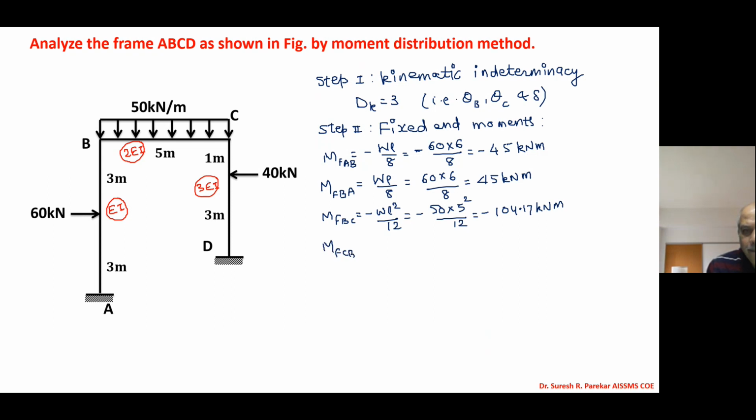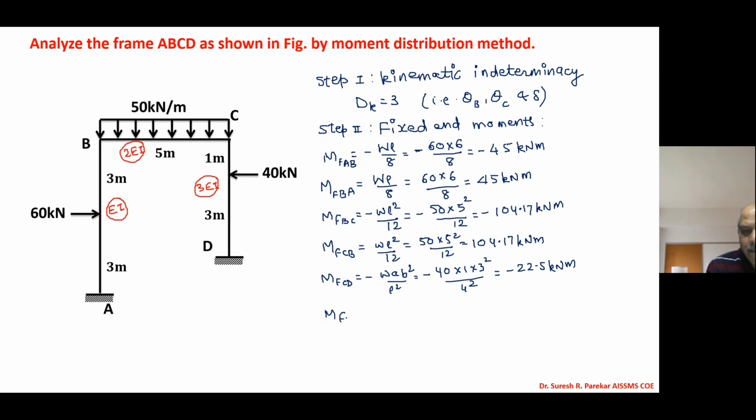MFCB equal to WL square by 12. MFCD equal to minus W A B square upon L square, which is minus 22.5.